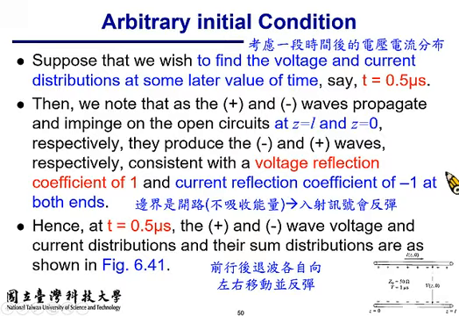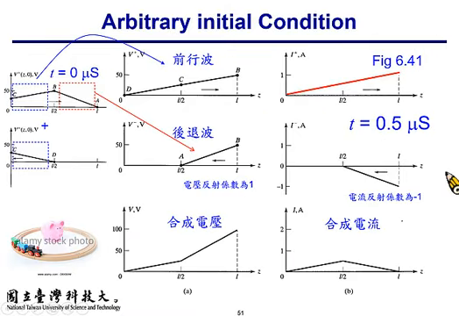So the next step is to synthesize, to form up the V plus and V minus signals with the specific time delay, which is 0.5 microsecond in this case. Originally, for the V plus signal, we can decompose it into A, B, C points.